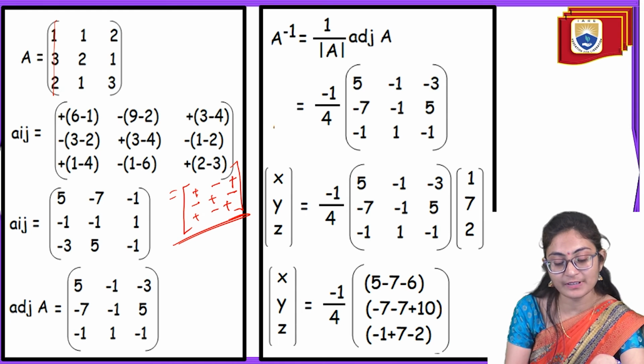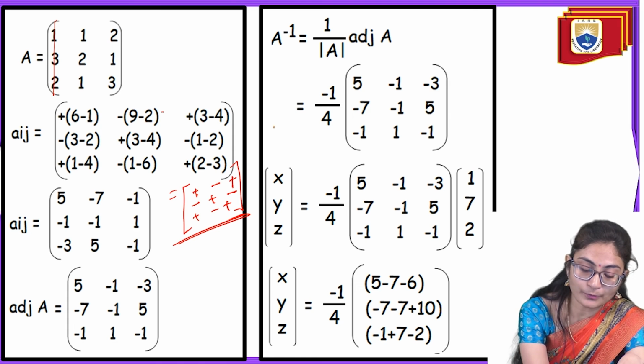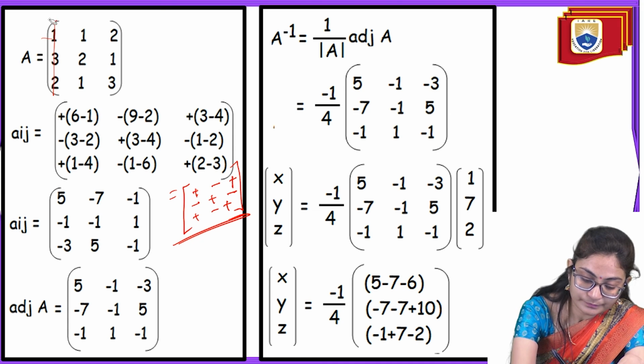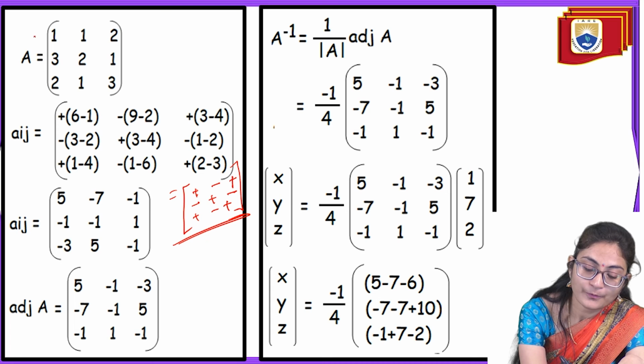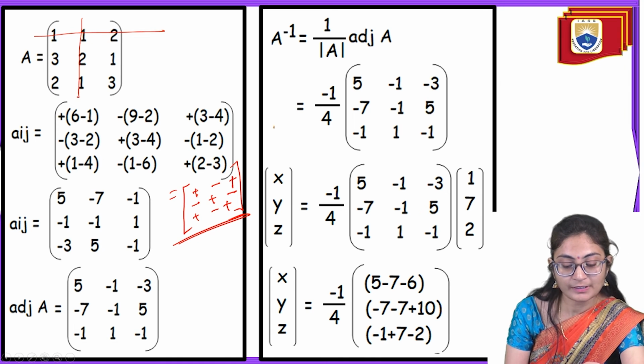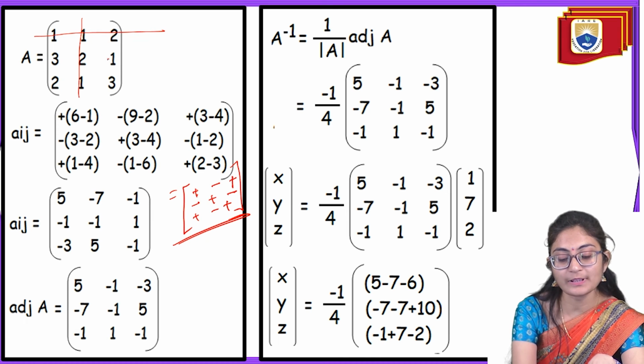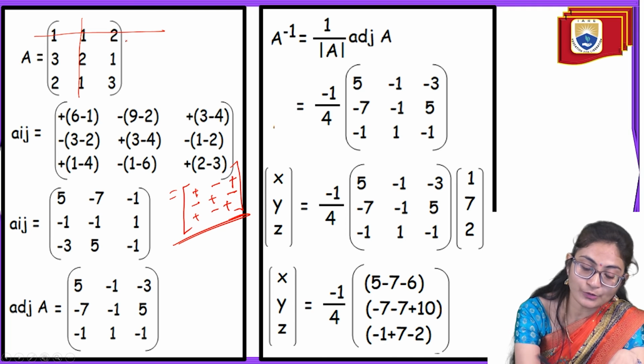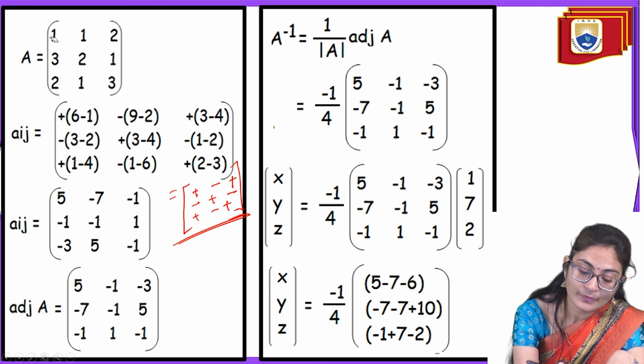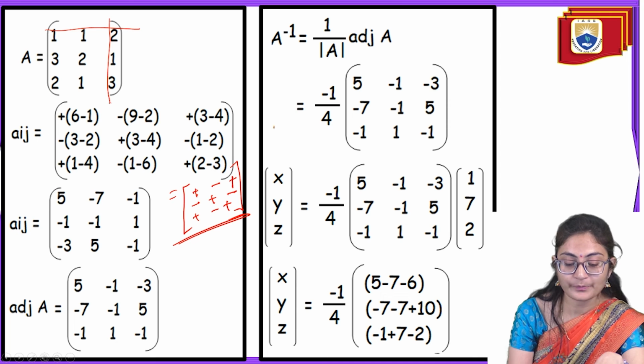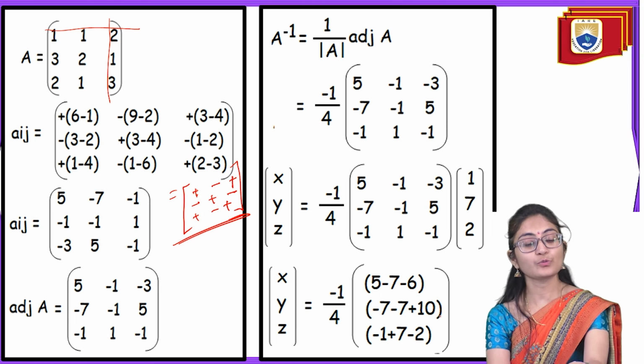That means 6 minus 1. After that, for the second, you have to avoid the first row, second column: 3 into 3, 9 minus 2 into 1, 2. After that, you have to consider the first row, third column: 3 into 1 and 2 into 2.